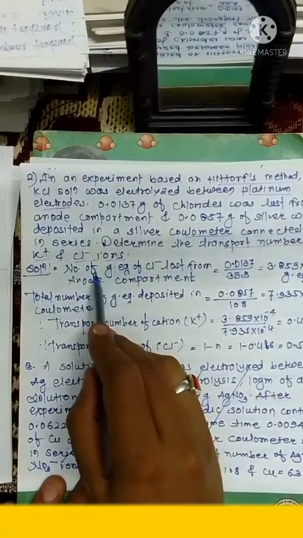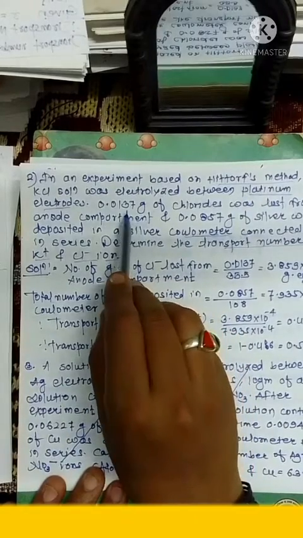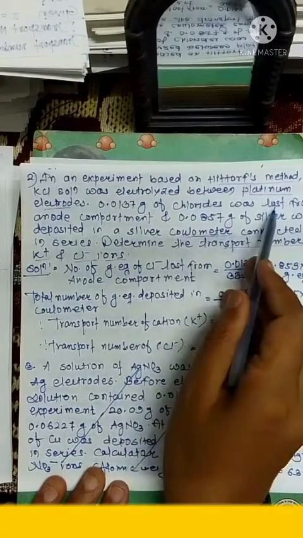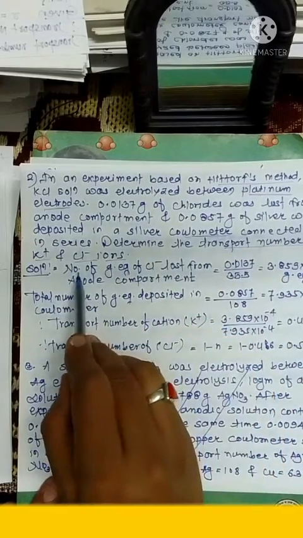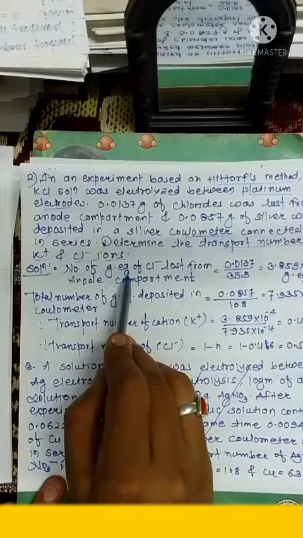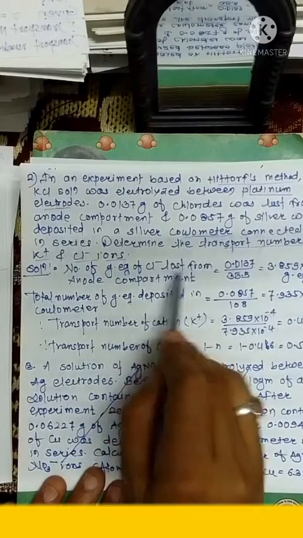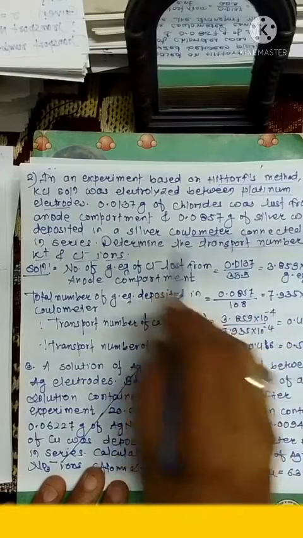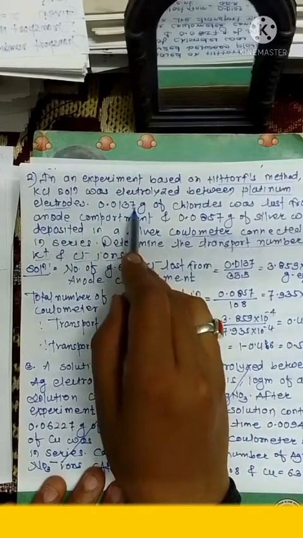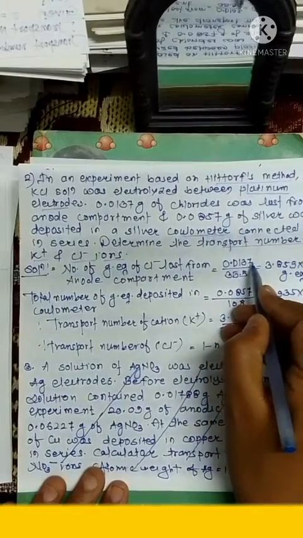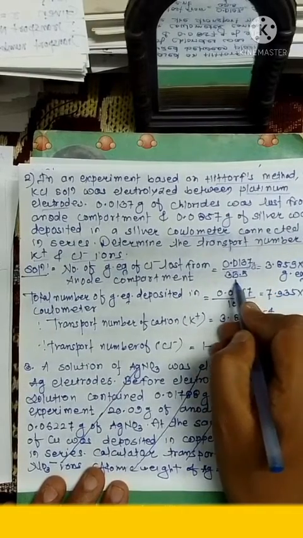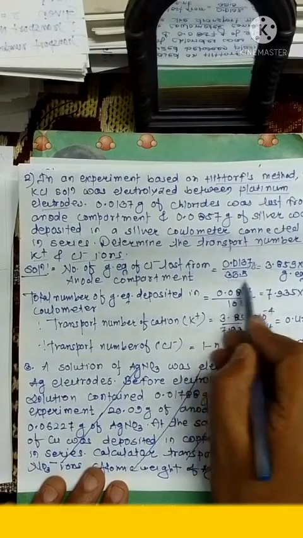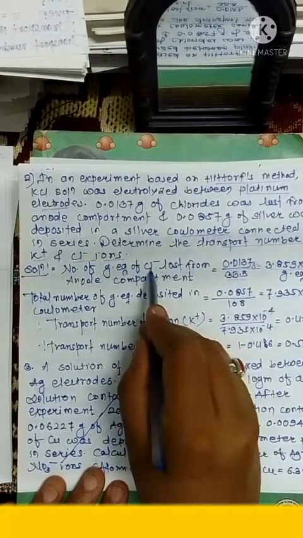So, just see, 0.0137 gram of chloride was lost. First of all, the number of gram equivalents of Cl minus lost from the anode compartment is equal to 0.0137 divided by the atomic weight of chlorine. 35.5 is the atomic weight of chlorine.